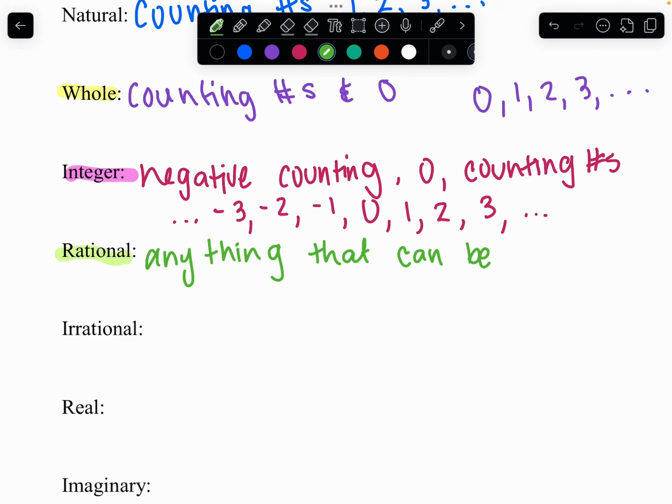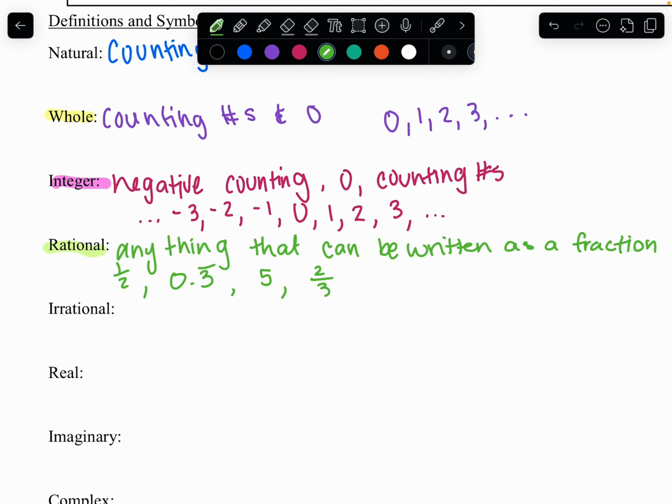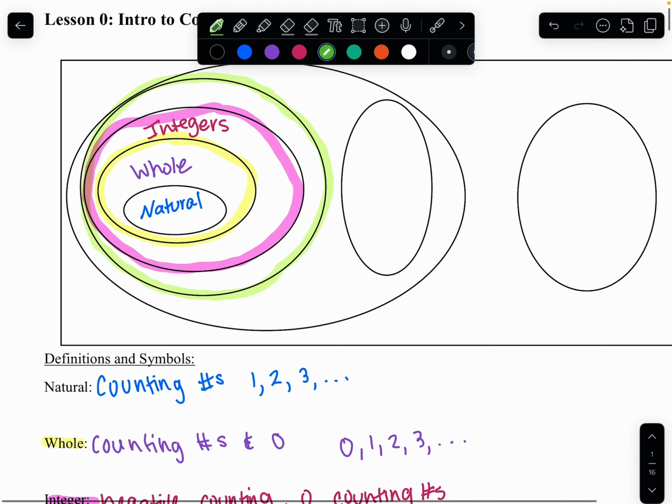So that's going to be like 1/2, 0.3 repeating, 5, 2/3. Those are all rational because we can write them as a fraction. So I'm going to write rational.